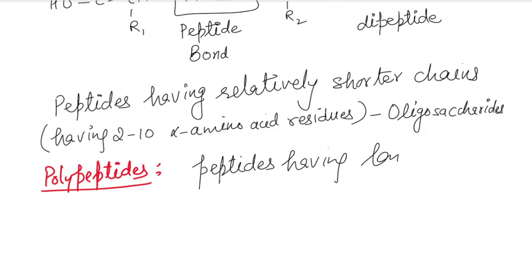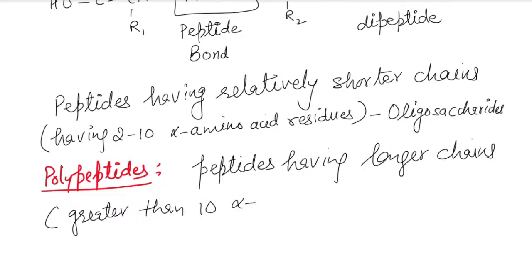Longer chain means greater than 10 alpha amino acids. So that are called polypeptides.